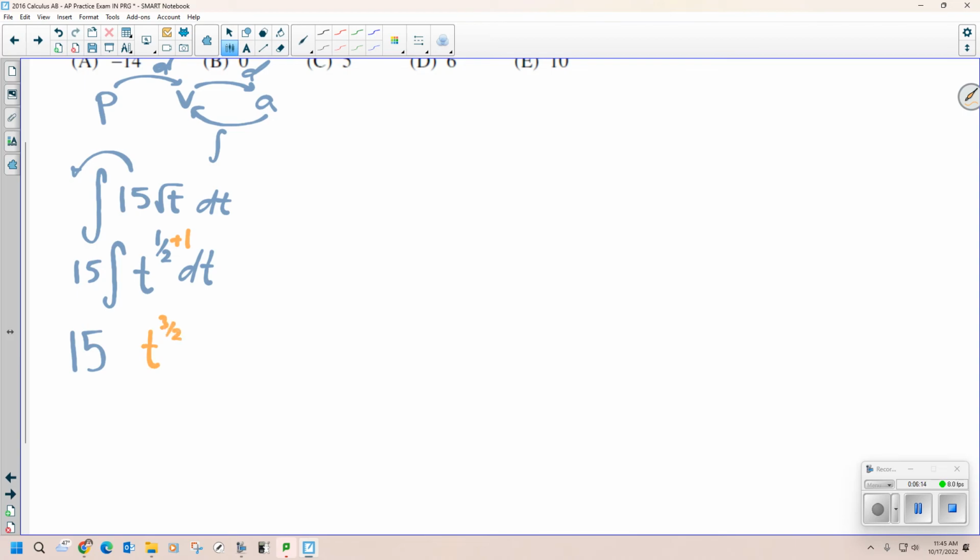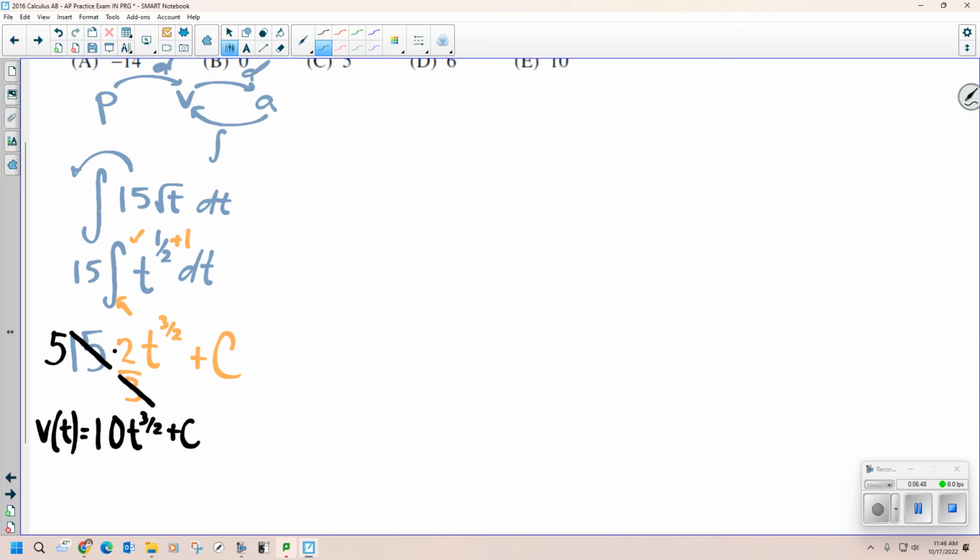And then I divide by 3/2. Dividing by 3/2 is the same thing as multiplying by the reciprocal, 2/3. Plus c. Why do I say plus c? There are no bounds here. So let's clean up what we have. 3 goes into 15 5 times. 5 times 2t is 10t to the 3/2 plus c. This is velocity.